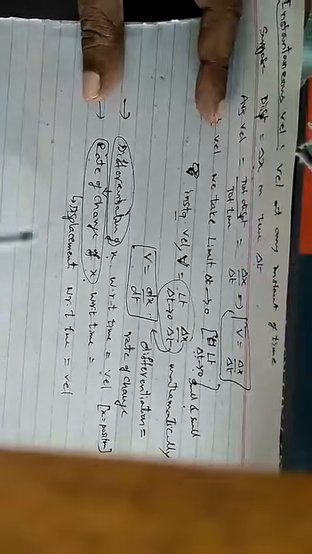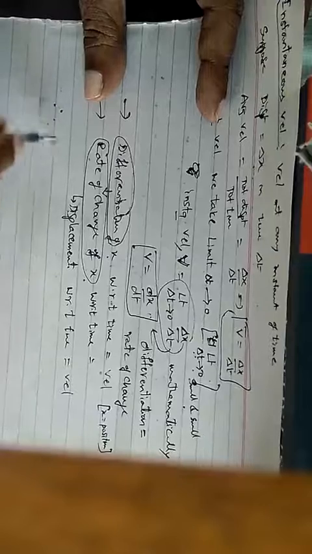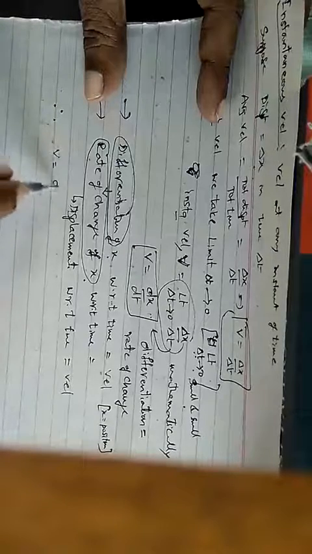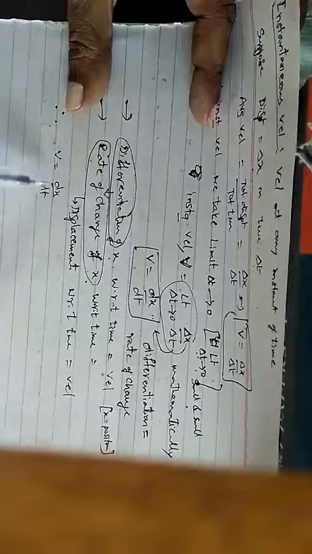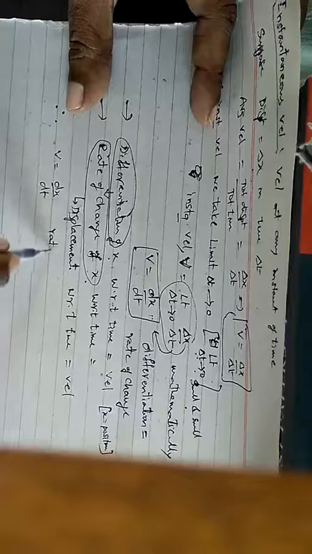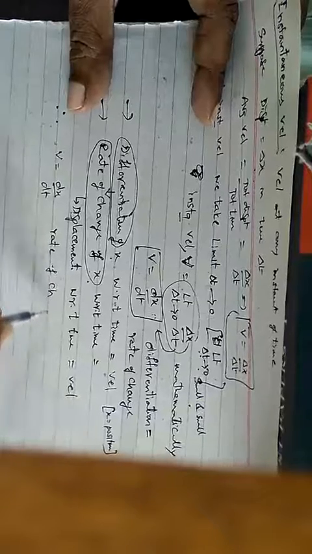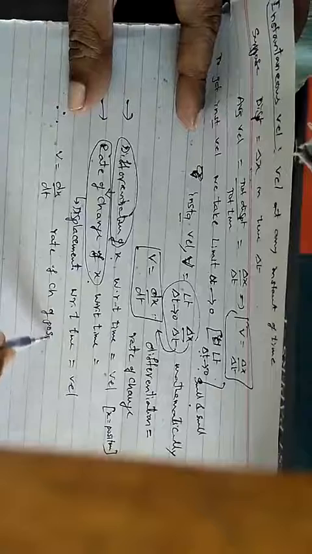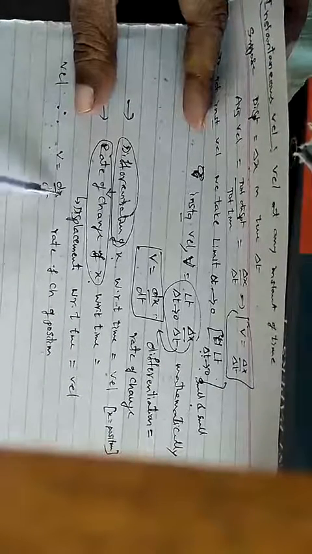So therefore finally v is equal to dx by dt. What is the meaning here? The rate of change of position is called velocity. Velocity is dx by dt.